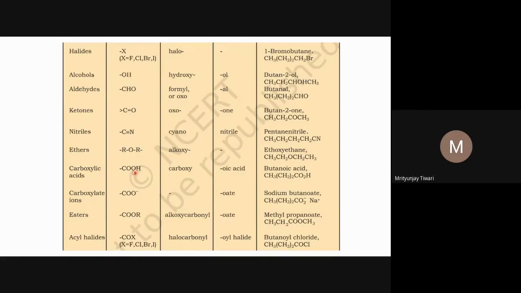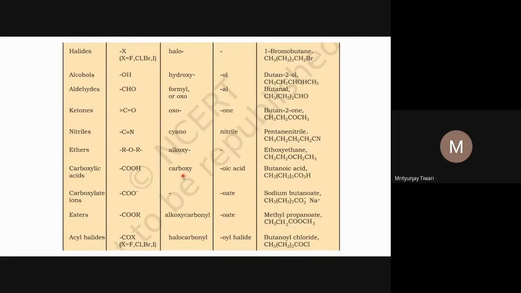Then carboxylic acid. In a carboxylic acid, at the end of the carbon chain, one C double bond O and OH group is attached. So there are two oxygen atoms: one oxygen attached as C double bond O, and one OH group linked to this carbon atom.